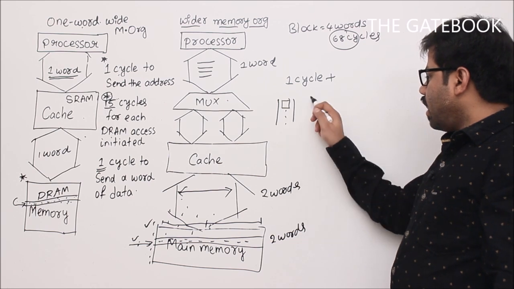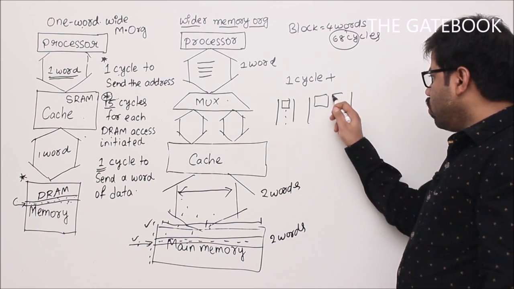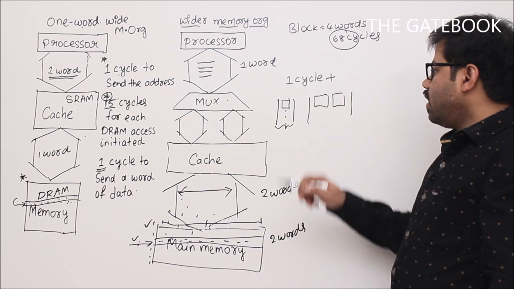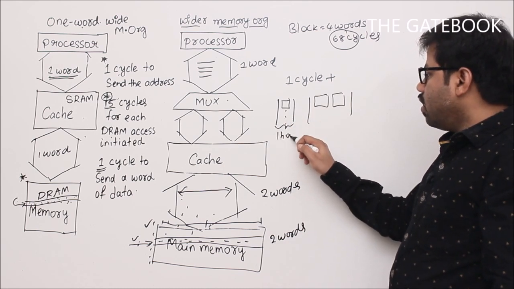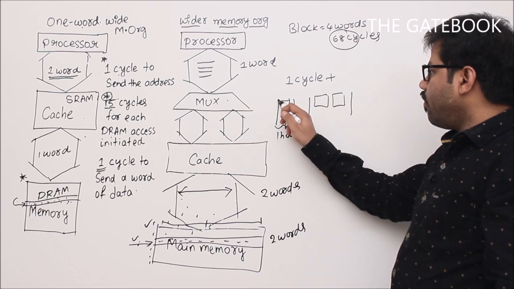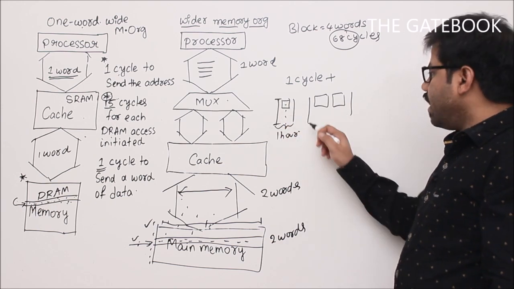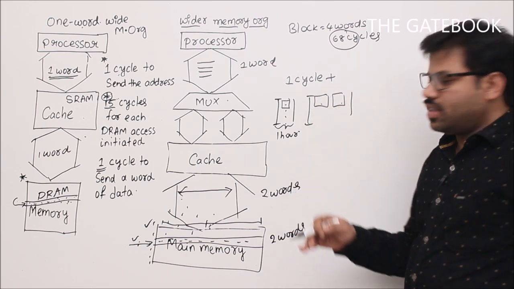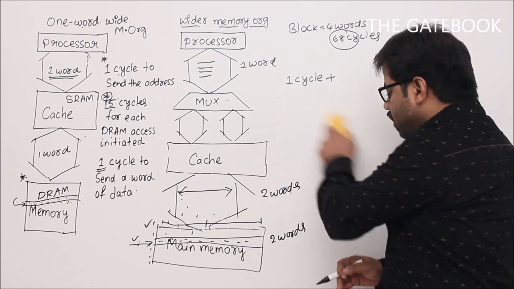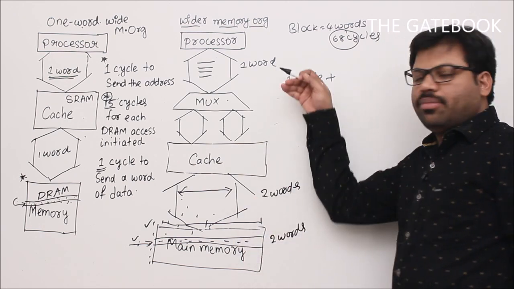Then there is another highway where 2 cars can go. Let's say within 1 hour, 1 car can travel from here to here. Within the same 1 hour, 2 cars can travel, right? So that's why the time will not be increased. In the same way here also, within 1 clock cycle, 2 words can be transferred.